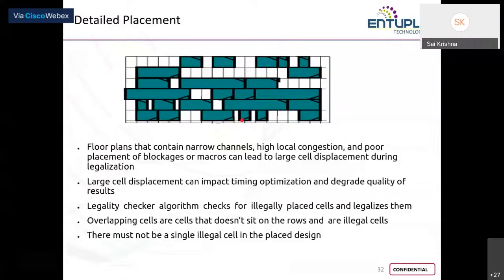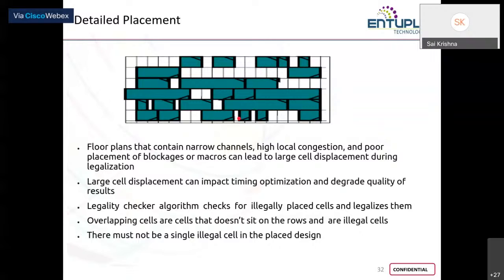Here I'm taking the example from the bottommost row. Now, if there are no pins on the opposite faces of both the ends, then they can be abutted. That means they can be placed with zero spacing like this.